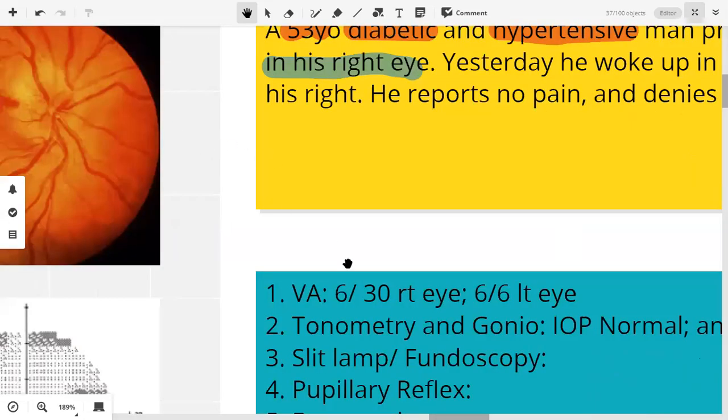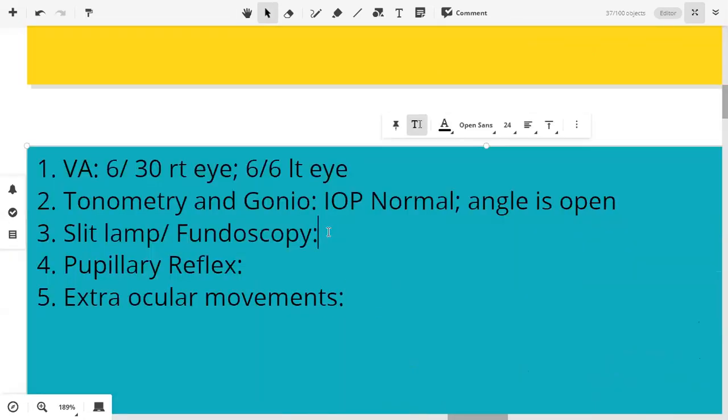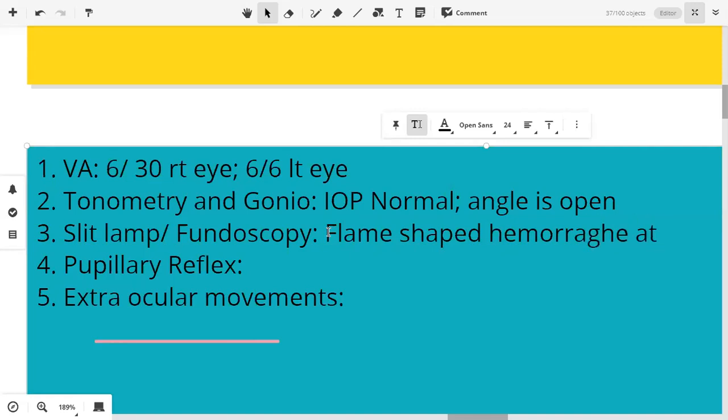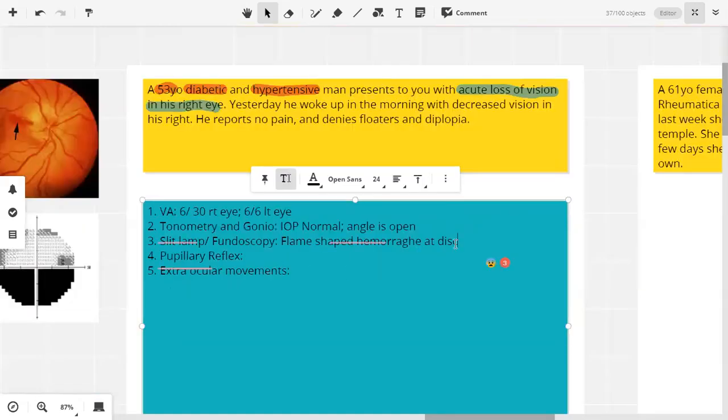So on slit lamp examination or fundoscopy, we have a hemorrhage at the disc. The second thing is we have blurred margins of the disc. And the third thing is we have hyperemia of the disc.